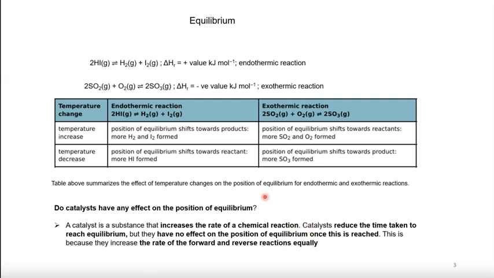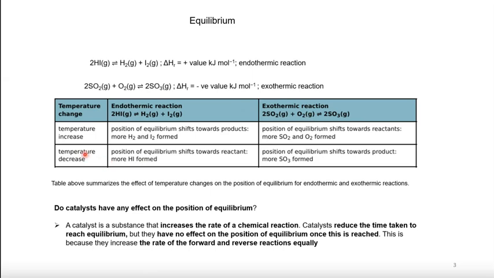The next slide shows an endothermic reaction and an exothermic reaction. We take an example of an endothermic reaction here and an exothermic reaction over there. If we increase the temperature of the endothermic reaction, the position of equilibrium shifts towards products, that is, hydrogen gas and iodine form. If it is an exothermic reaction, the position of equilibrium shifts towards reactants, that means towards sulfur dioxide and oxygen.